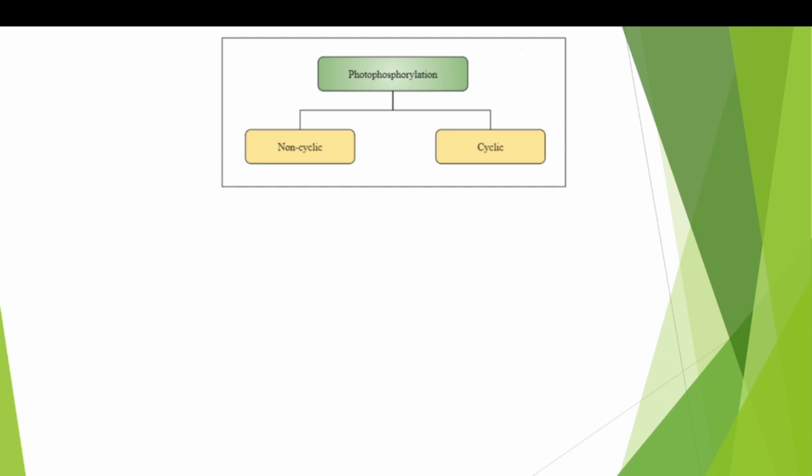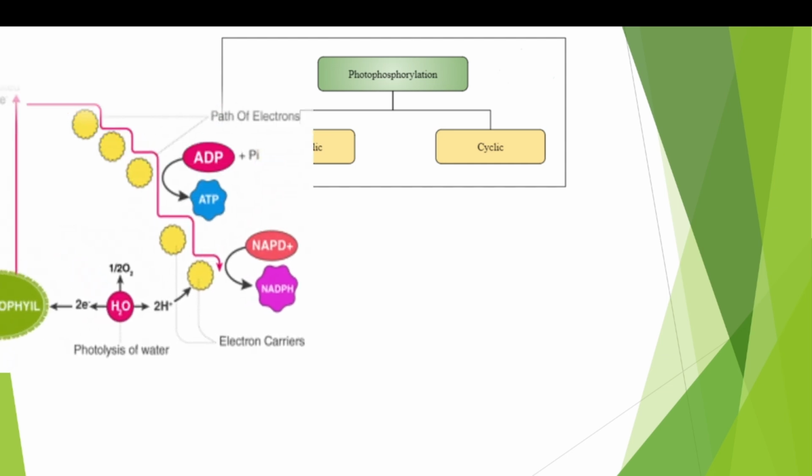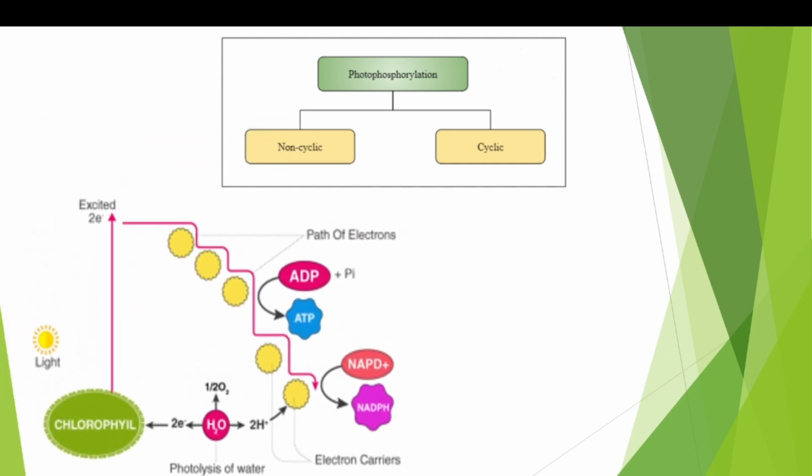In the light reaction, photophosphorylation takes place through non-cyclic and cyclic pathways. This photophosphorylation generally takes place in the chloroplast, in the grana or thylakoid membranes.